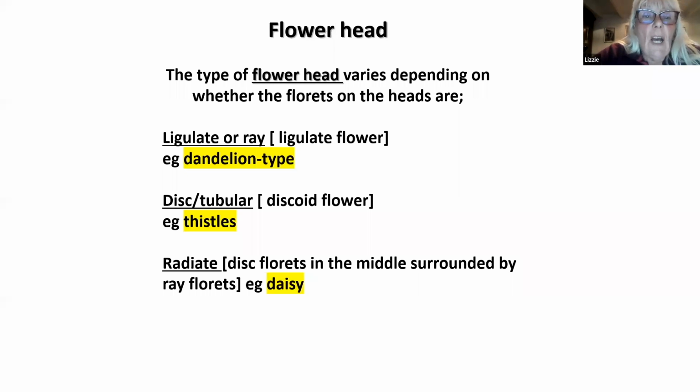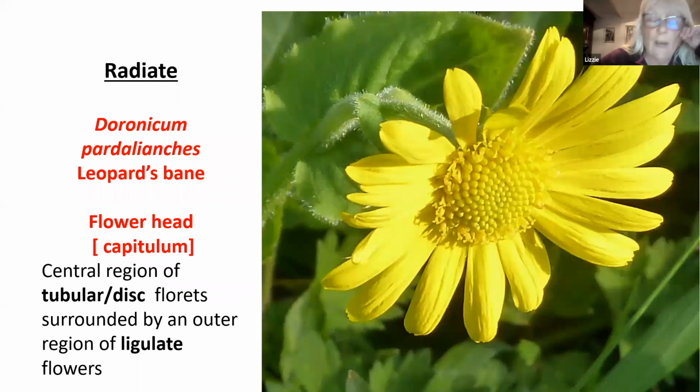So you've got a ligulate flower head, a disc or tubular flower head, and a radiate flower head. They're obviously really important in classifying the different species within the daisy family.